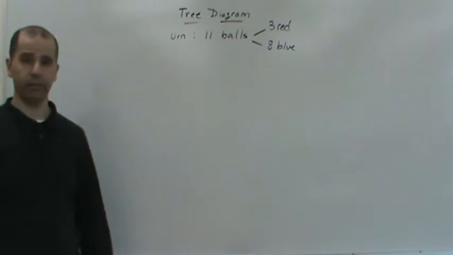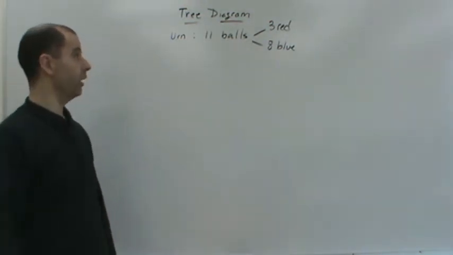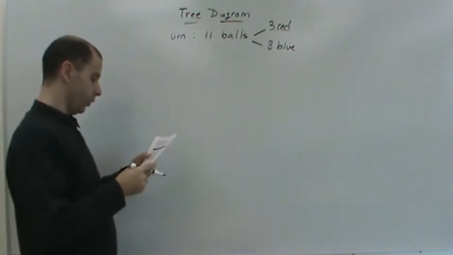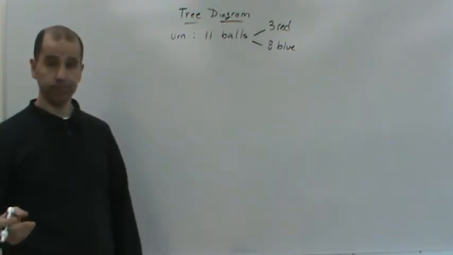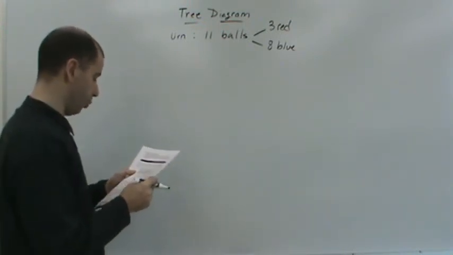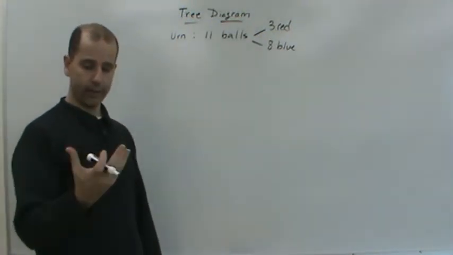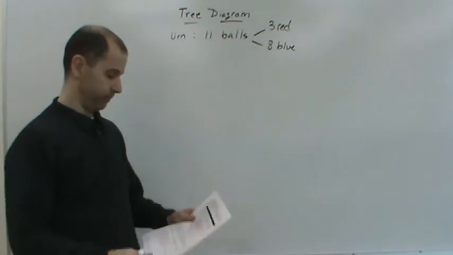In the urn, we have 8 blue marbles and 3 red marbles. We're going to take 2 balls, one at a time, with replacement, which means we're going to take the ball out, write down the color, and put the ball back in. Okay?